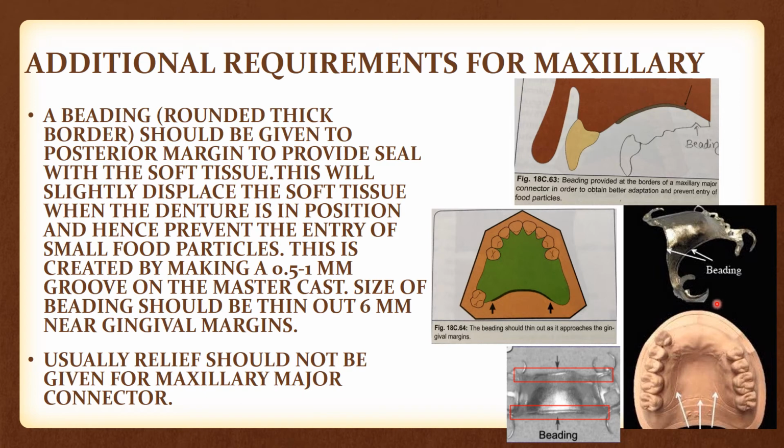And then when you do the casting procedure, you can see this is the elevated portion after it gets casted. So beading is usually done so that it prevents the entry of small food particles. It provides good contact between the soft tissue and the denture. So beading is done on the posterior border.